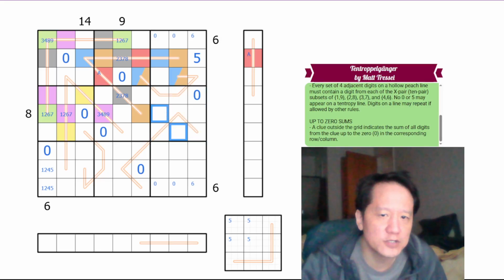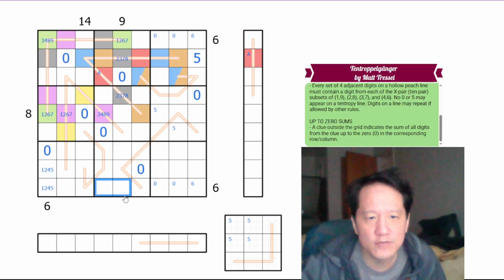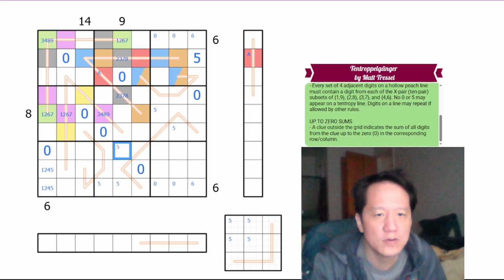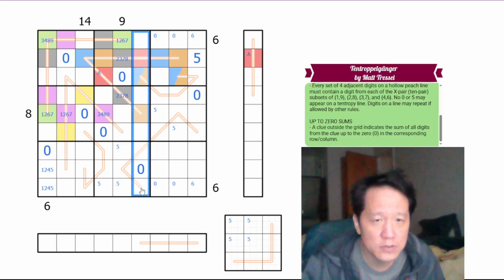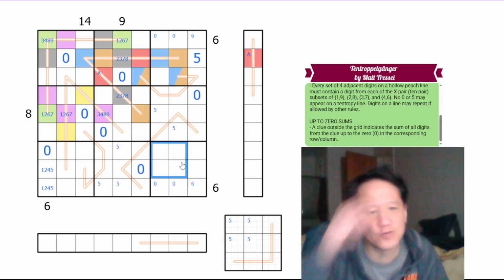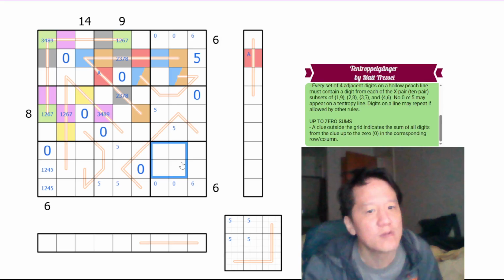It can't be on the Tentroppelgänger line, so it's one of these two. Here we have to have a 5. Here we have to have a 5, but it could be any of these. 5 is one of these 3 here. We cannot be missing a 5 in column 6. So one of these 3 is a 5. And we have a 5 in one of these 4. So that's not helpful.